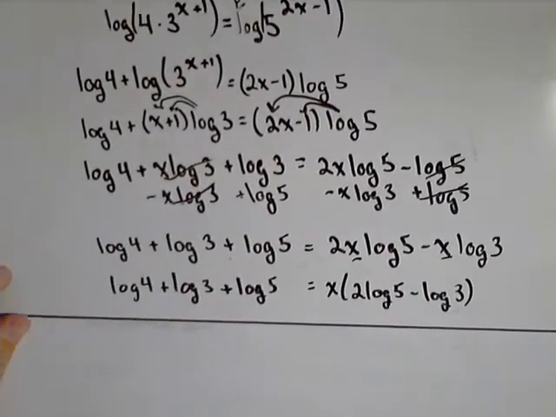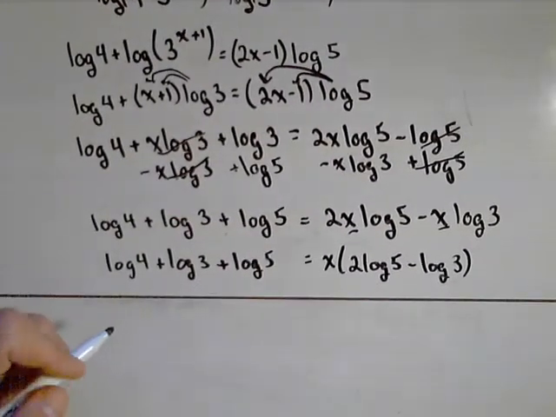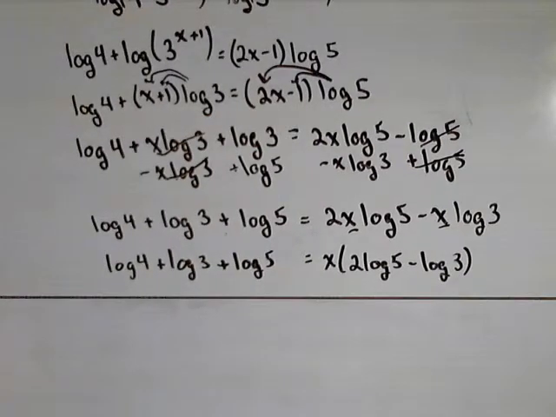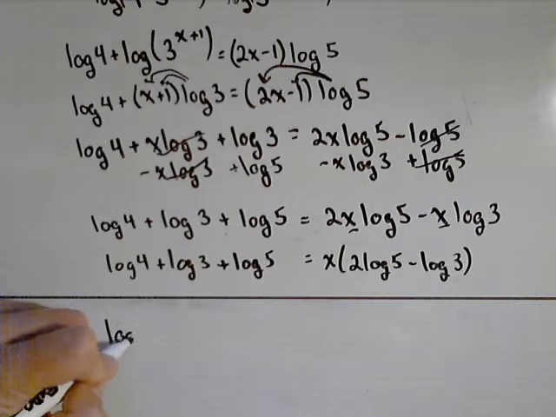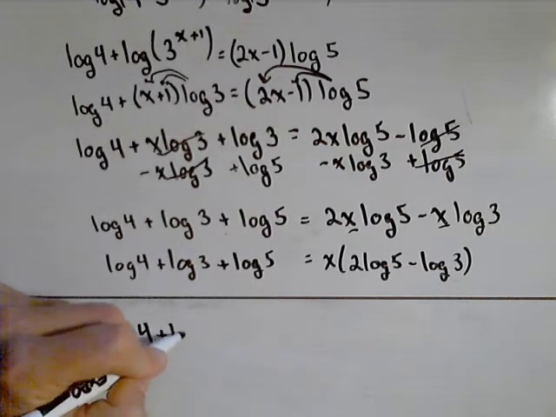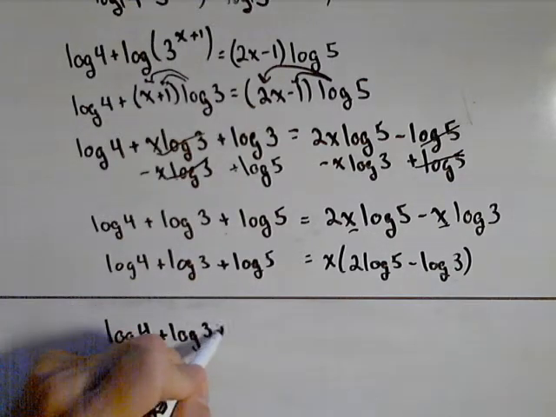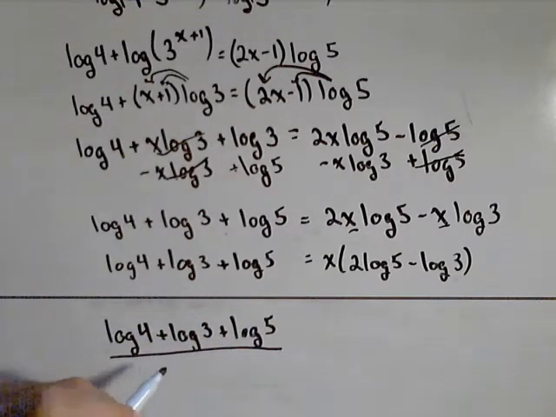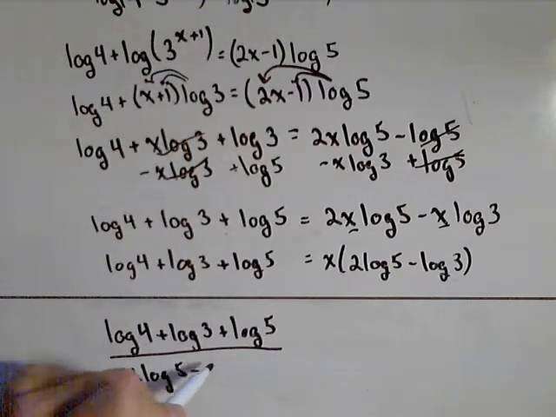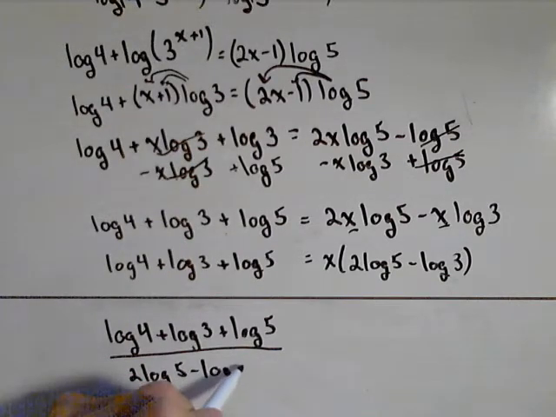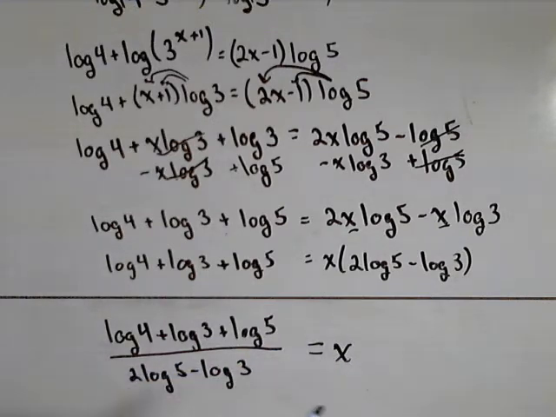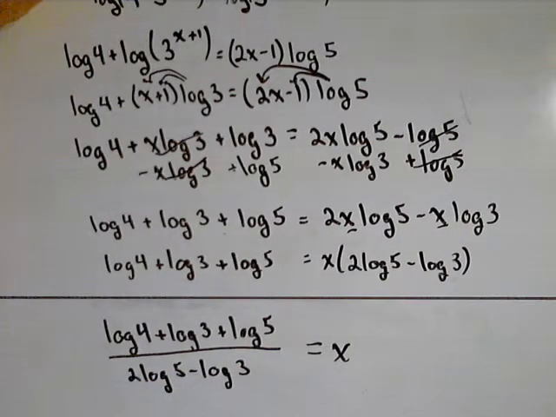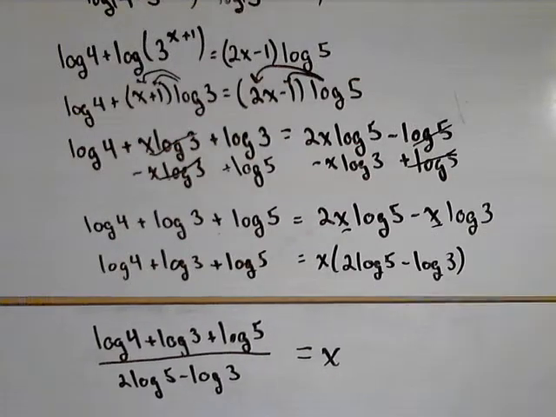So, next thing I'm going to do is I'm going to divide, and I'm going to show you a couple different forms we can put this final answer in. It's kind of cool that we can do using properties of logs. So what I have is log of 4 plus log of 3 plus log of 5 over 2 log of 5 minus log of 3 is equal to x. That is a nice exact answer.